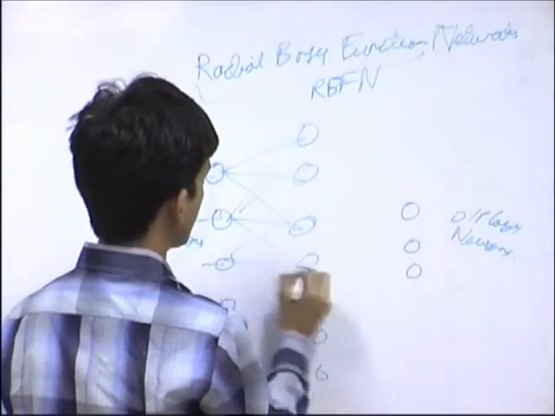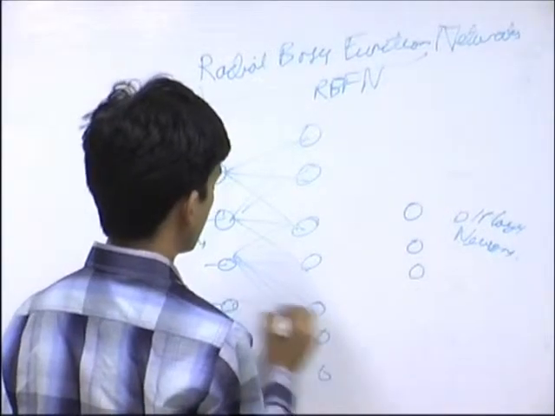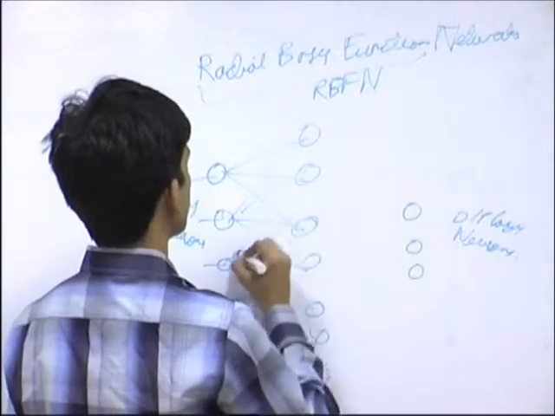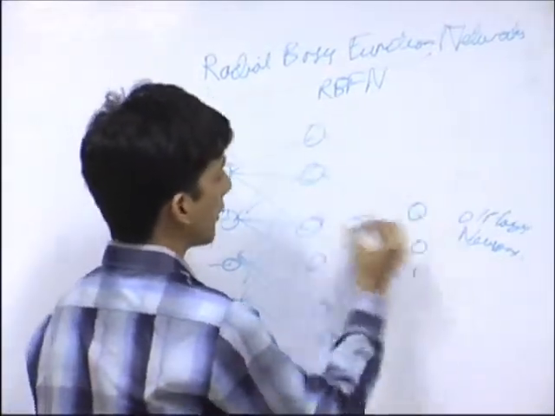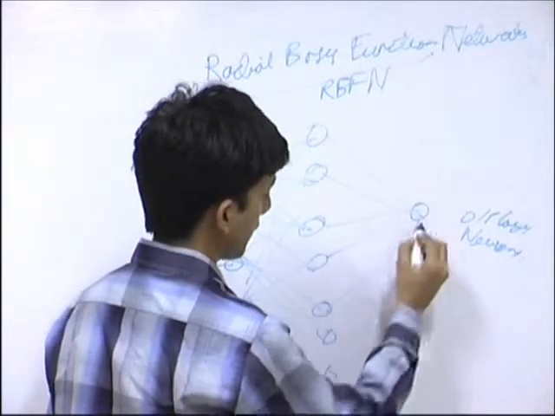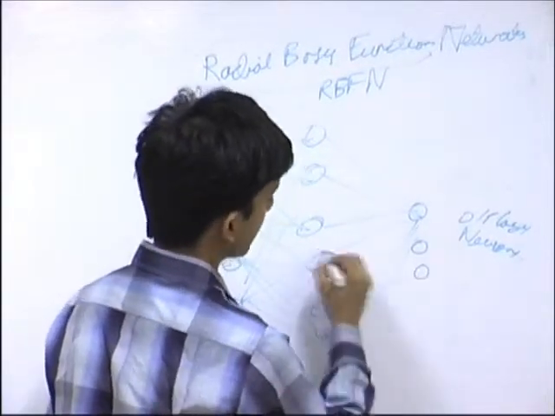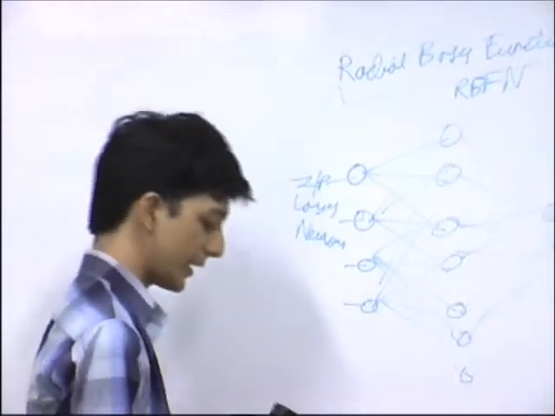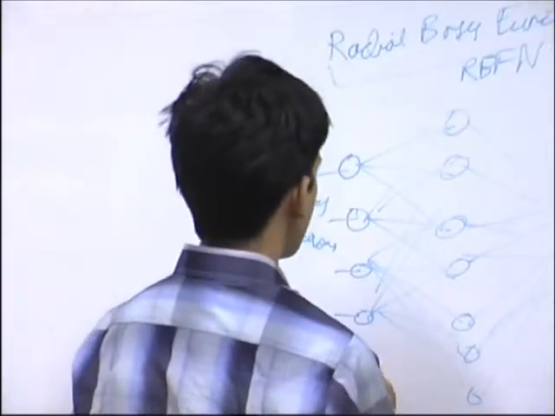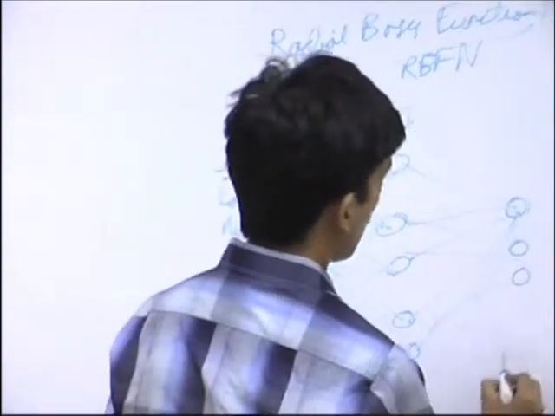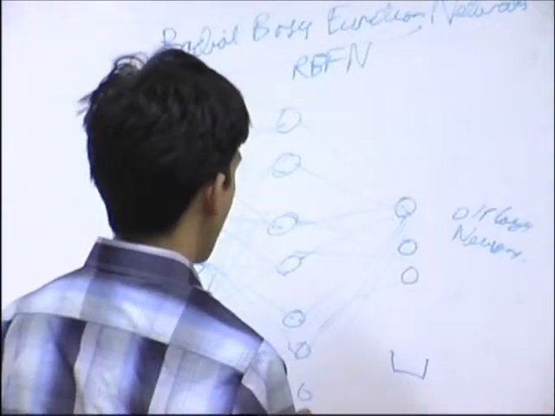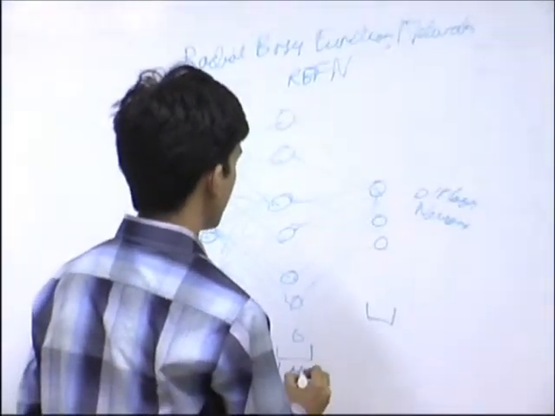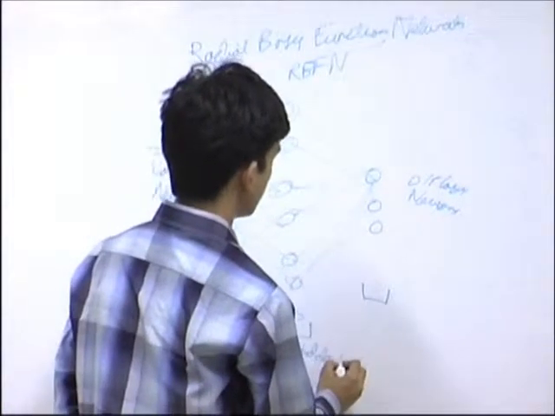And of course, this is what the architecture looks like, with all these sorts of connections over here, and so on. So this is the architecture of the RBFNs: one input layer, one output layer, and exactly one hidden layer.